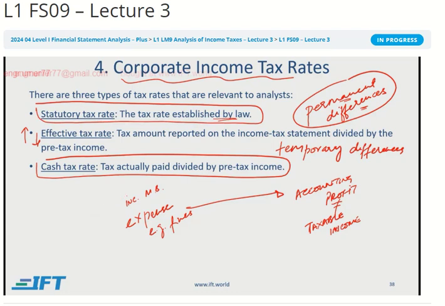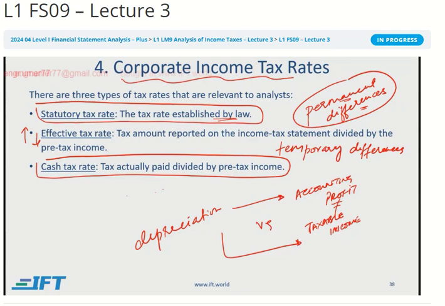For example, maybe there is a difference in the depreciation expense which you are taking in the accounting profit versus the depreciation expense which you are taking in your taxable income, right? Eventually that is going to get sorted out, because let's say the asset is worth 100 million and you are depreciating it 10 million this year, whereas your taxable income is being calculated by depreciating it 40 million this year.